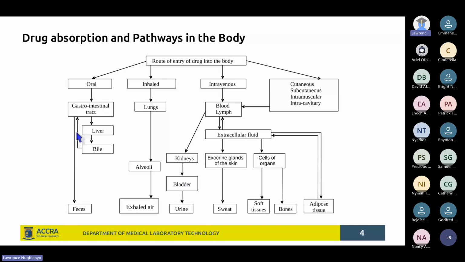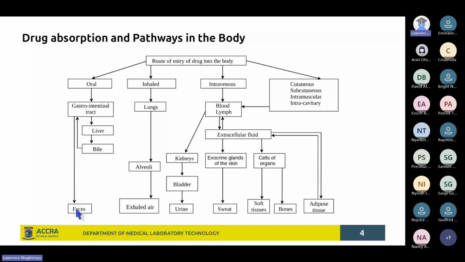And remember, bile is excreted into the duodenum to emulsify lipids, the fats and oils that are in foods. And once that happens, it means that excreted portion of the drug, which is with bile, eventually gets excreted through stool.